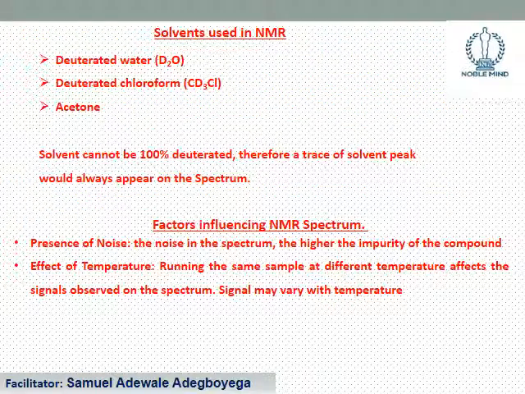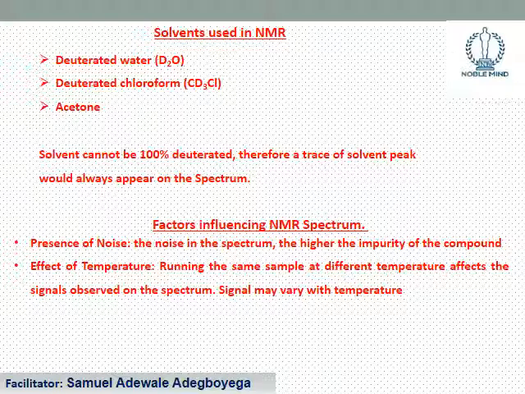Let's talk about the different types of solvent that are used in NMR. We have deuterated water, deuterated chloroform, acetone. In short, a solvent cannot be 100% deuterated. It is believed that a deuterated solvent does not show a signal of its own, but it is not 100% possible to deuterate a solvent.